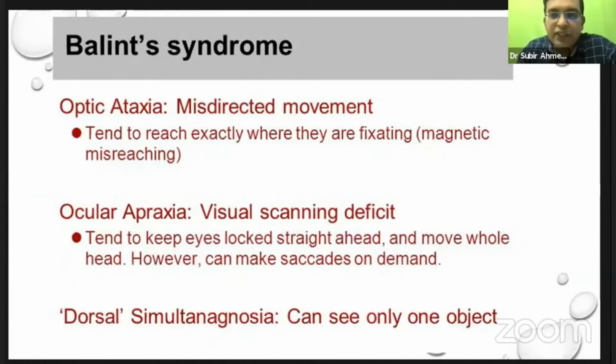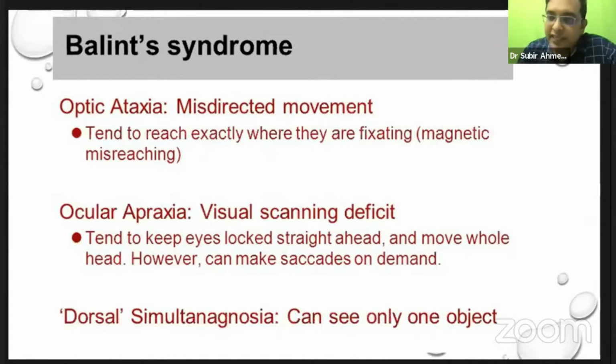Since the posterior cortical areas, that is both bilateral posterior areas, are affected, this patient will have Balint syndrome. What we found was that the patient was having optic ataxia, that is misdirected movement. Patient can have ocular apraxia and simultagnosia, that is, the patient can only see one object at a time. That is why when the patient was eating, she had difficulty in attention. She has difficulty in directing the attention.